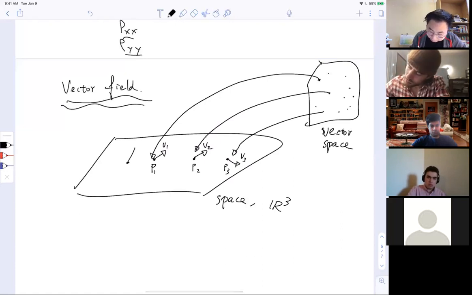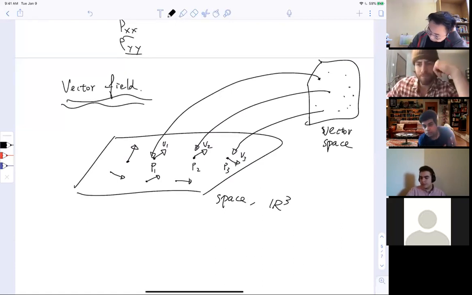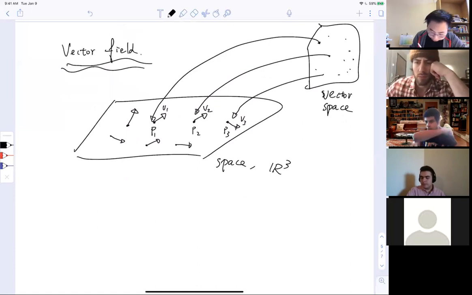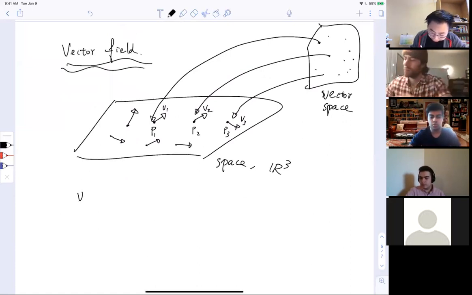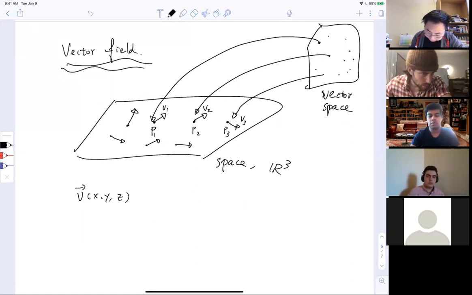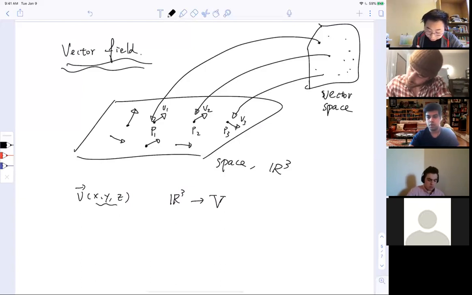Then at each point there is a vector, and we form a vector field. So we can write this using V(x, y, z). This is a map from R3 to the vector space, meaning the input is a point and the output is a vector. You tell me which point you want to look at, and I will give you the vector at that point.